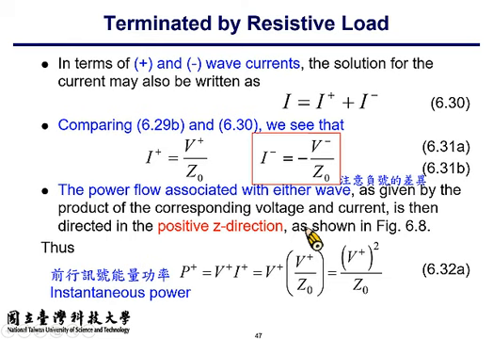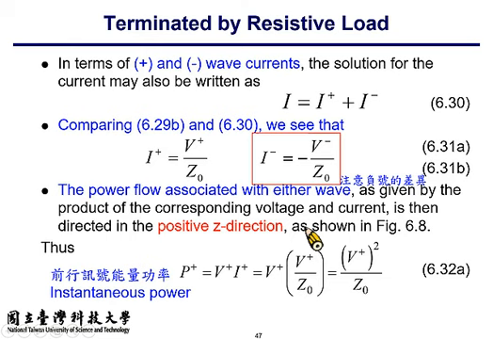All right, so as we already know, power equals the product of voltage and current. Therefore, we can define the forward-going power on the transmission line, which is the product of the V plus part and the I plus part.